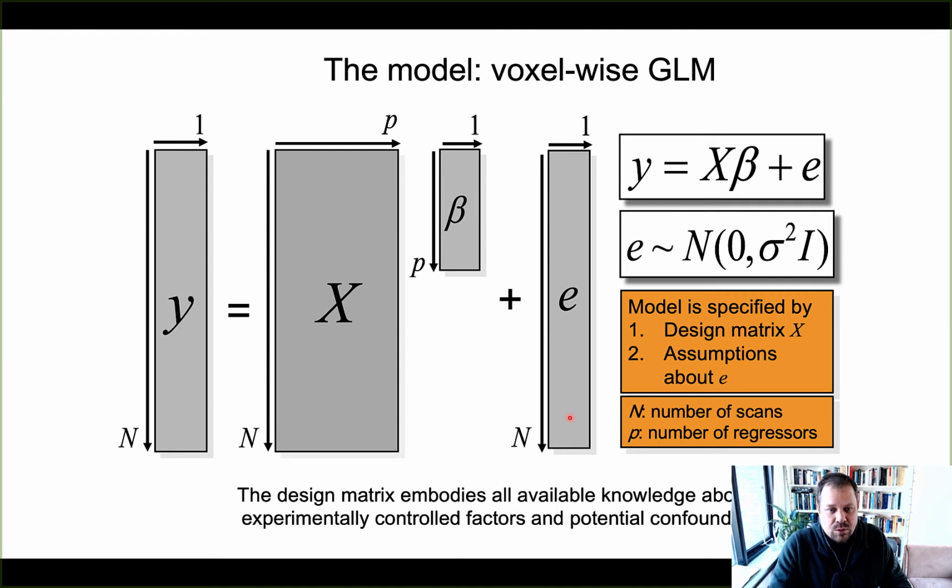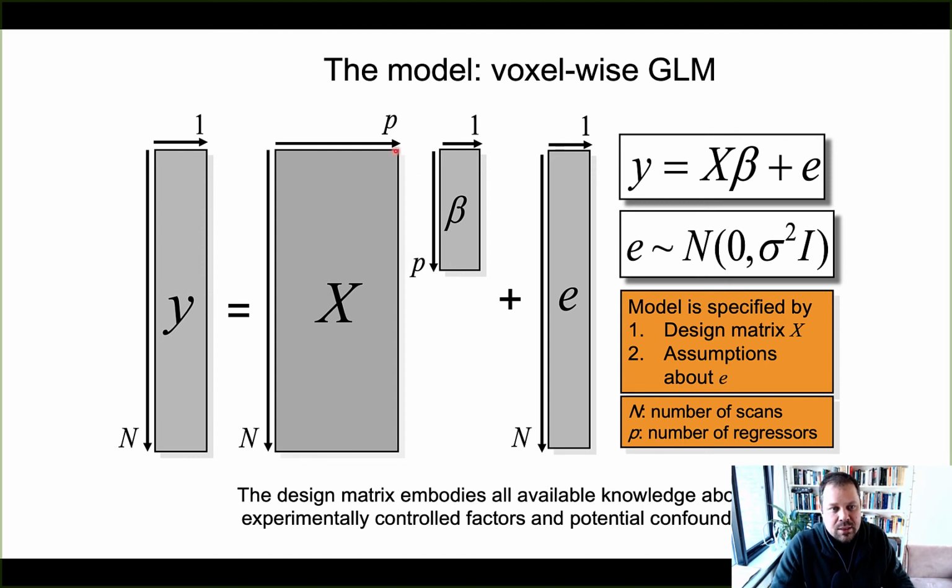So just to go over this again, we have a design matrix X, which contains all of our regressors, and that is the reflection of all the experimentally controlled factors and all the potential confounds. N here is the number of scans, so how many scans did we record in our time series. It's typically in the order of 500 to 1,000, let's say, for a typical experiment.